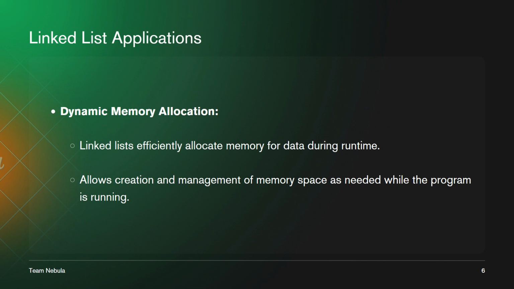Let's now explore some interesting applications of linked lists. Linked lists find their use in various scenarios and can be quite versatile. One of the key applications is dynamic memory allocation. Linked lists allow us to efficiently allocate memory for data during runtime, which means we can create and manage memory space as needed while the program is running.